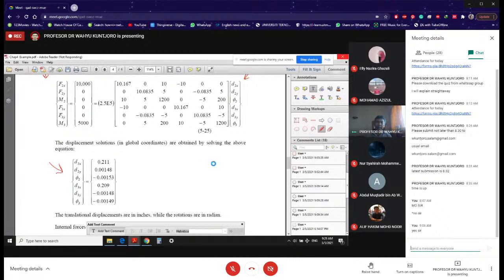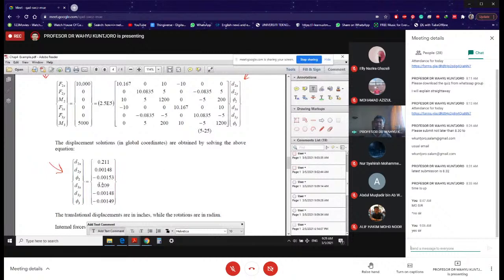Okay. So this rotation here, for example, rotation at node number 2 is negative 0.00153. That is in radian, and it is negative. That means it is clockwise. Okay, meaning that it is clockwise.